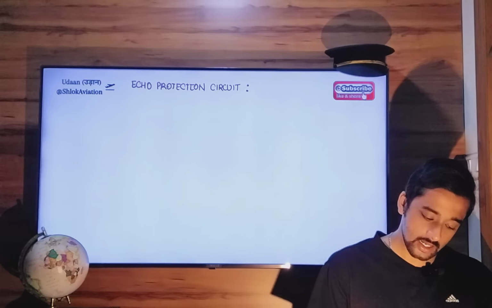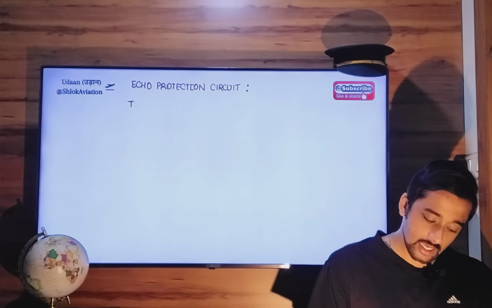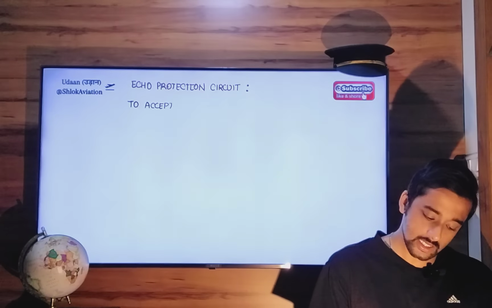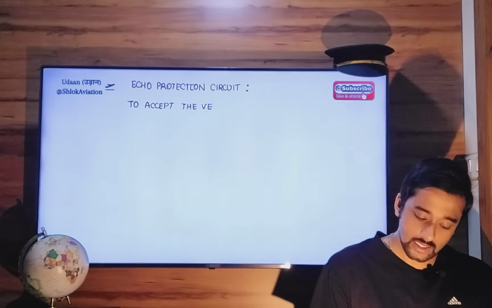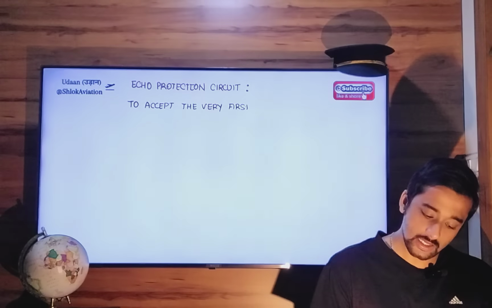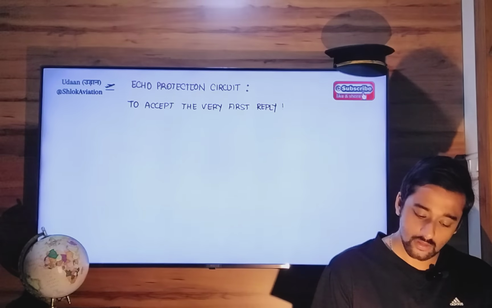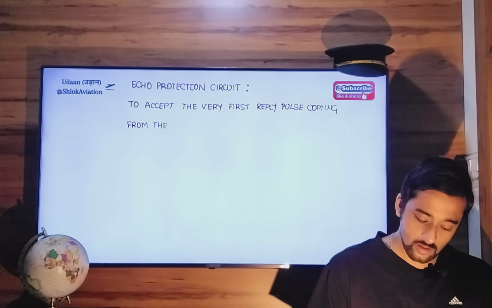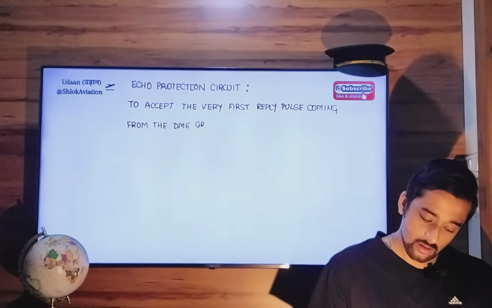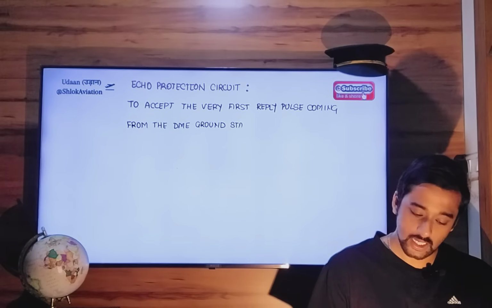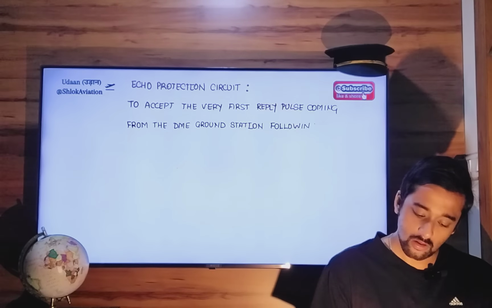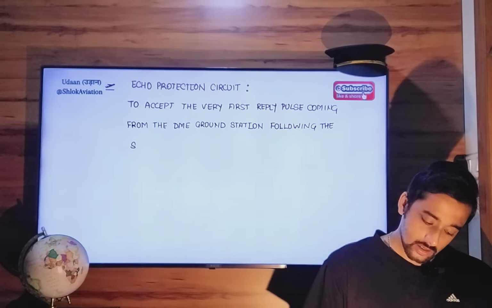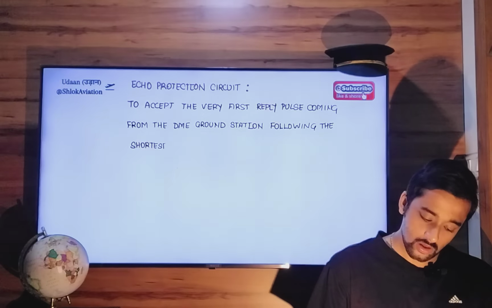The echo protection circuit's purpose is to accept the very first reply pulse coming from the DME ground station following the shortest route.